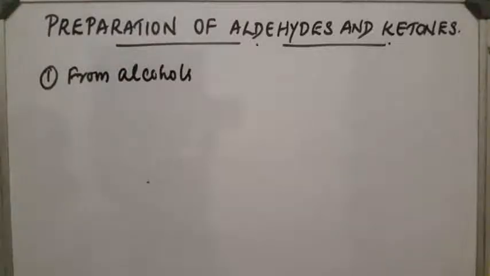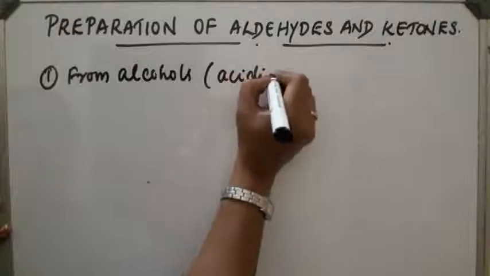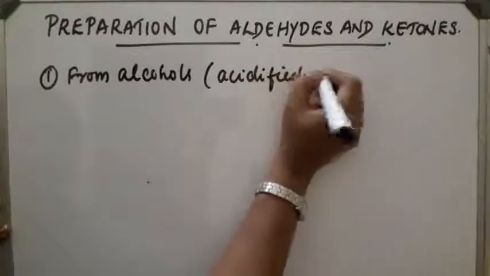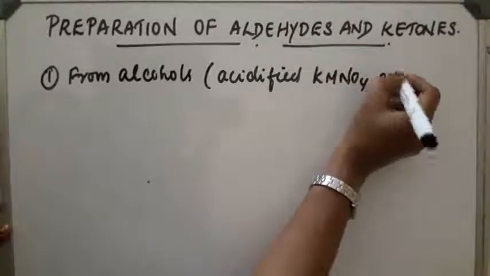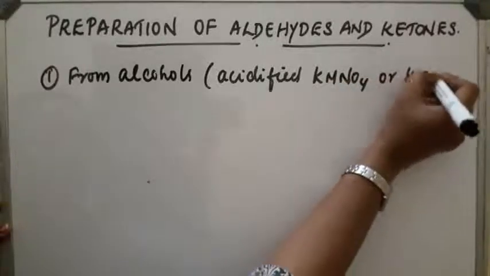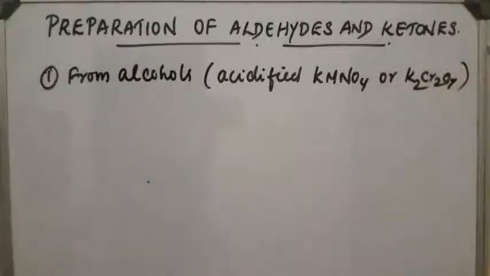Similarly, secondary alcohols give ketones. The oxidizing agents used here are acidified KMnO4, potassium permanganate, or acidified K2Cr2O7, potassium dichromate. We can use any of these for the oxidation of alcohols.